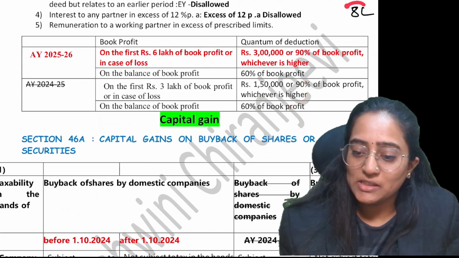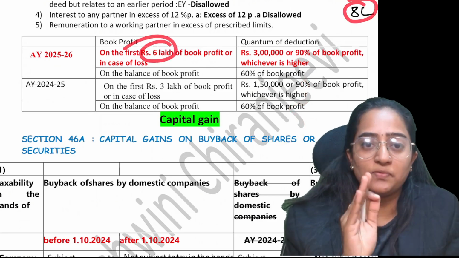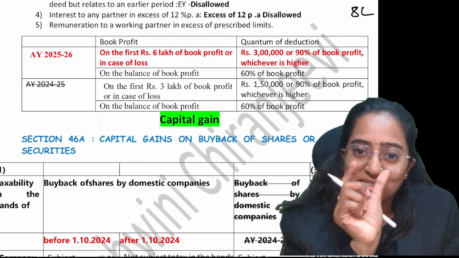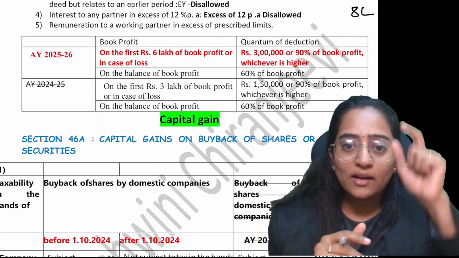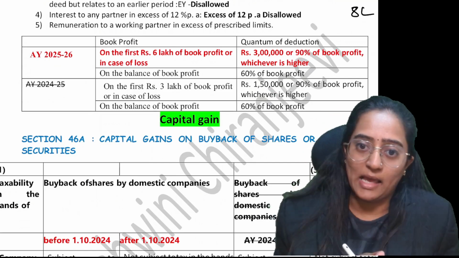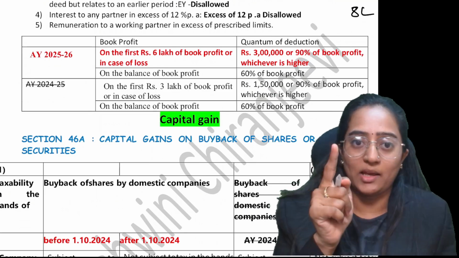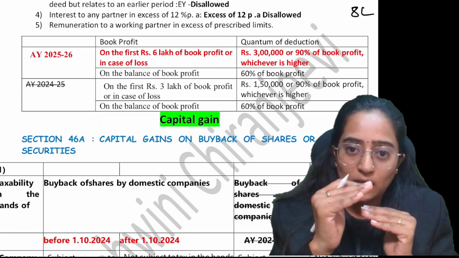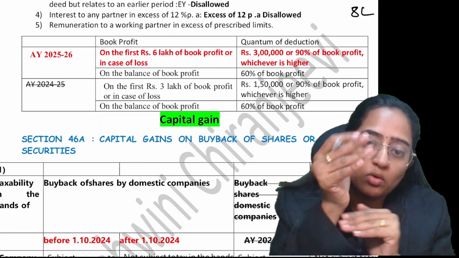But now, out of this 8 lakh, first you are going to show 6 lakh as the first slab. Common sense here. In order to earn 8 lakh, first you should earn 1 lakh, then 3 lakh, then 5 lakh, then 6 lakh, then only 8 lakh, no?